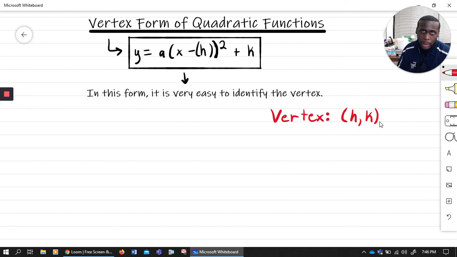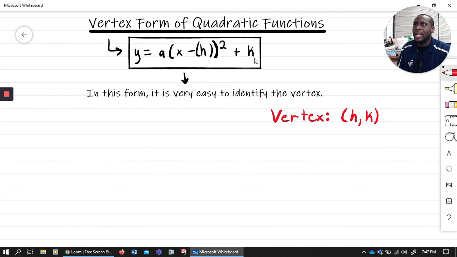Now, when we're looking at an actual equation and trying to identify what the k value is and what the h value is, let's start by looking at the k. I'm going to show you some examples with actual functions.